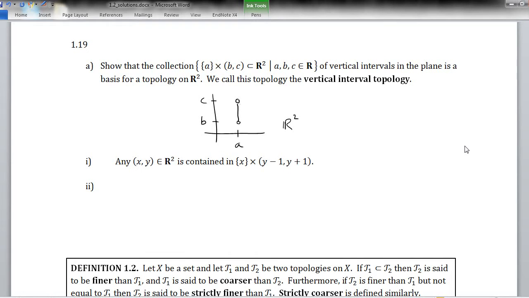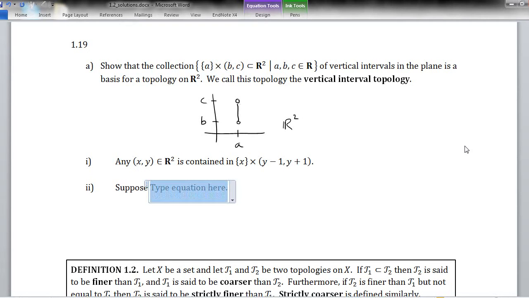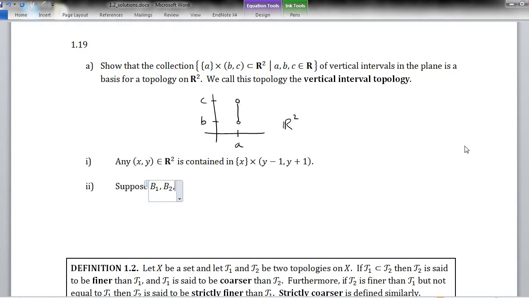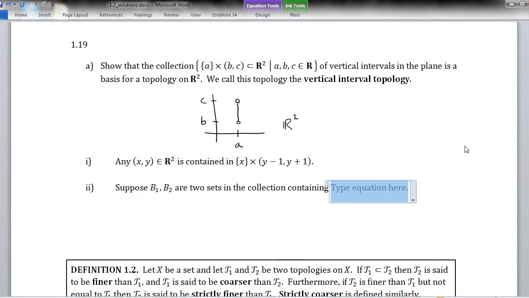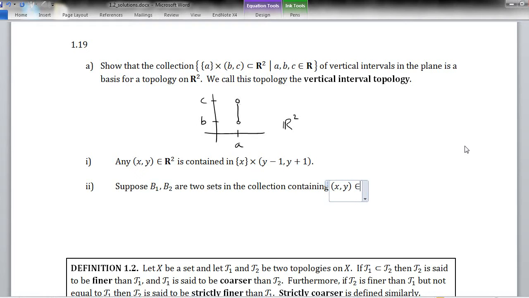And for the second property, we are supposed to assume that we have a couple of sets in the collection, B1 and B2, which contain this point xy in R2. And so what do we know about these B1 and B2?